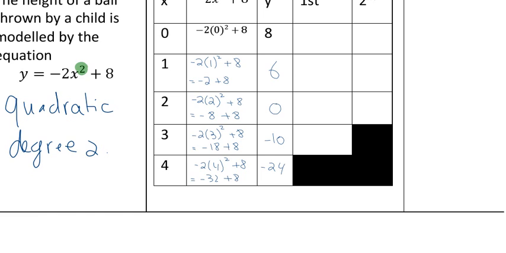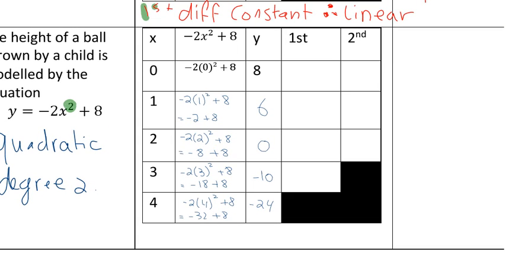Now, first difference. So when I do the first difference, I have to subtract 6 minus 8. 6 minus 8 is negative 2. Okay?